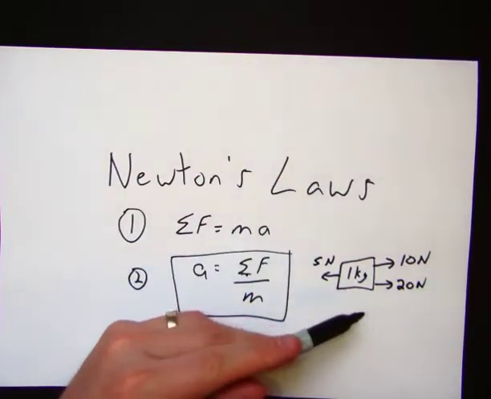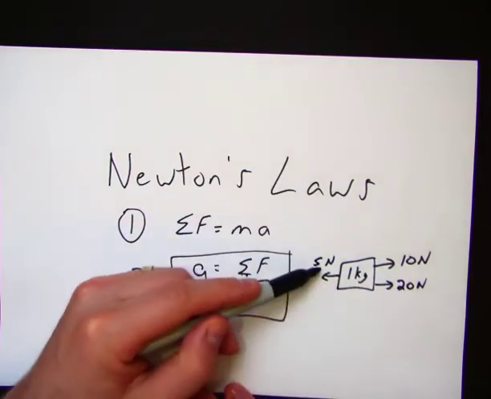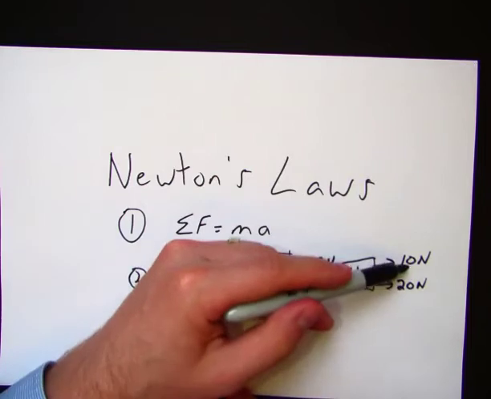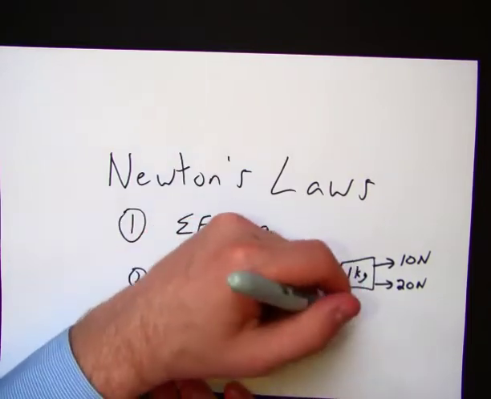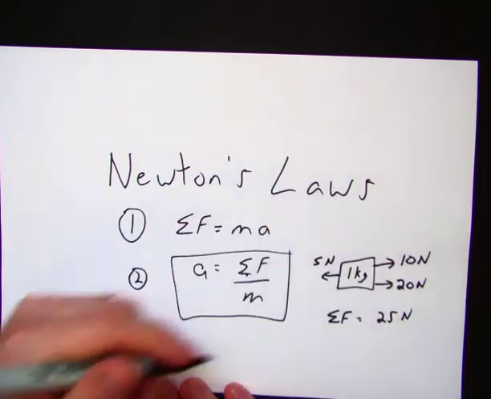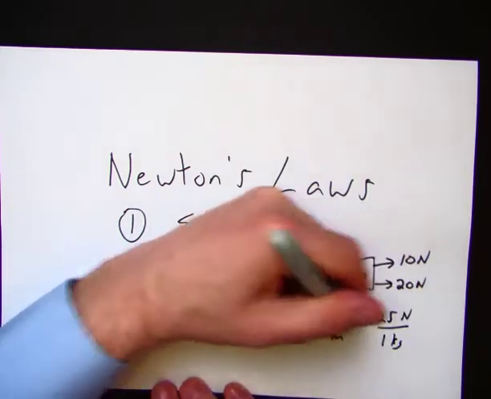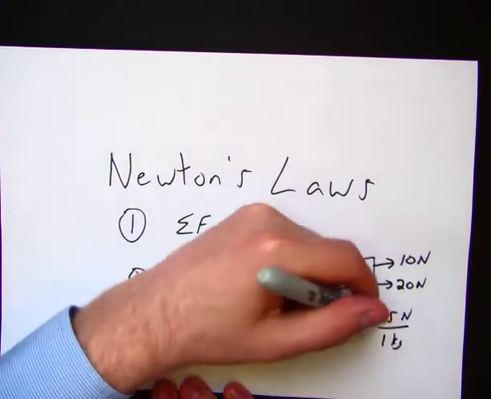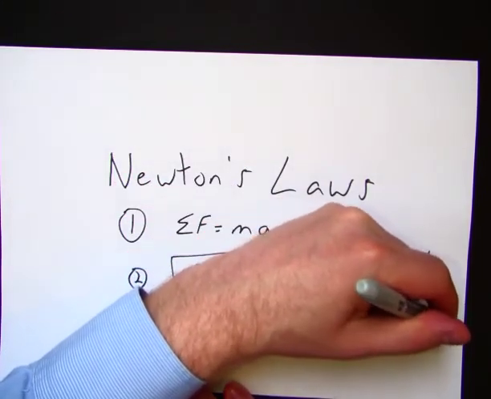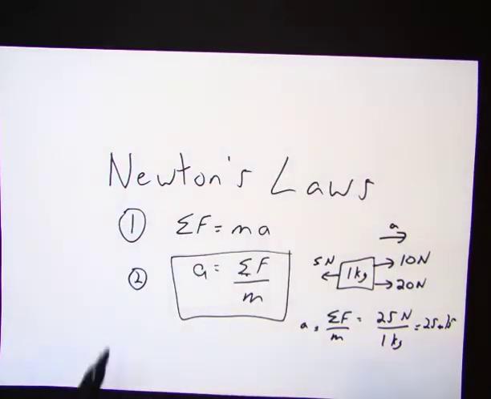Well, the net force on this object would be 10 plus 20 minus 5. I'm going to make this direction negative. So 10 plus 20, 30 minus 5. So the net force on this would equal 25 newtons. The mass on this object is 1 kilogram. So in fact, this object would have an acceleration of 25 meters per second squared in that direction. Okay, there's the second law.